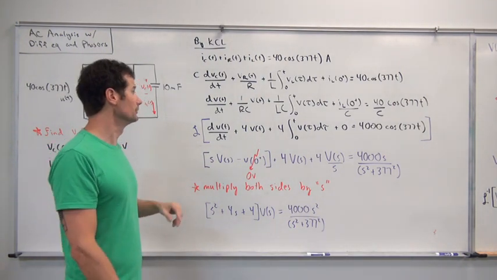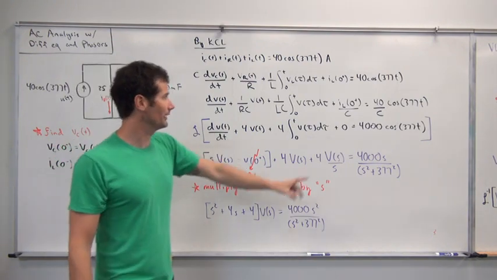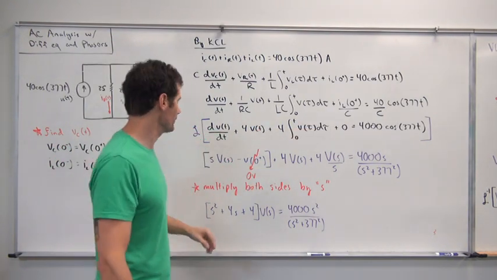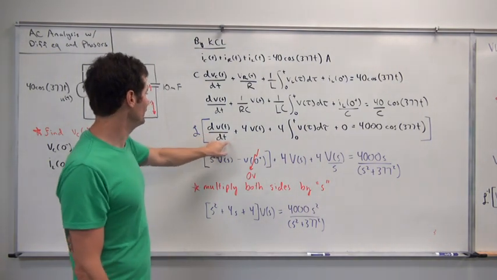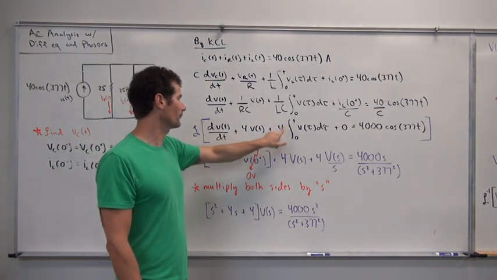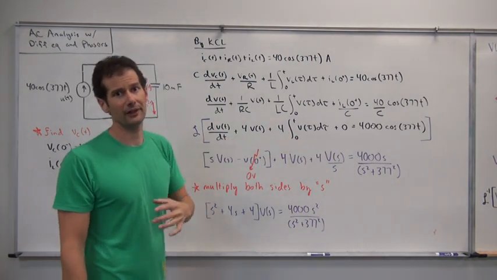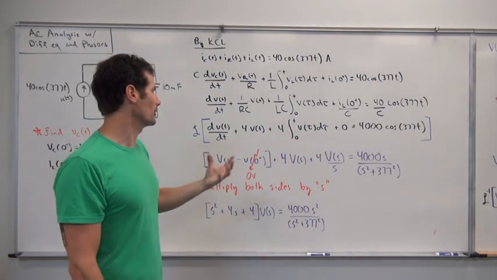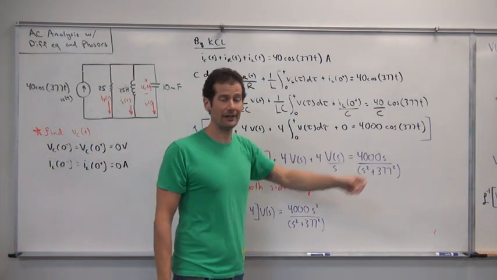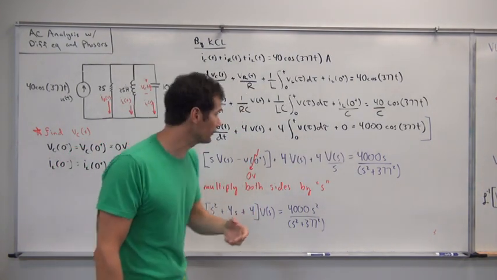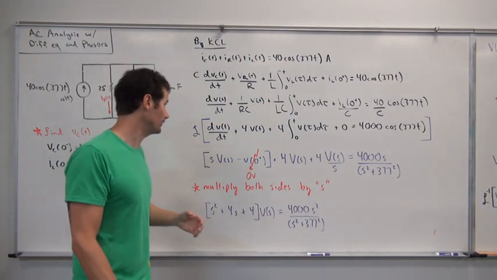In the final equation, IL of 0 plus is actually 0, so it doesn't matter. But we can quickly see right here, with dV/dt plus 4V plus 4 times the integral of V tau d tau, that we have a critically damped system. We're going to have repeated roots here. And on the right side, we get 4,000 cosine of 377t.